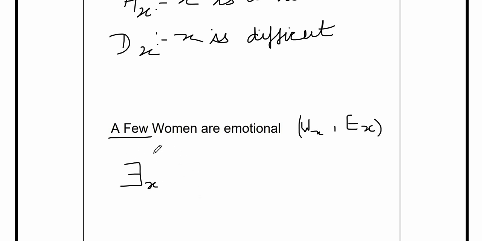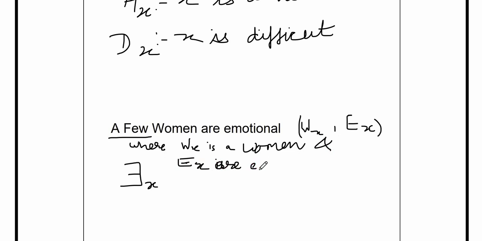Here we have to write the domain, where Wx is x is a woman and Ex is x is emotional.